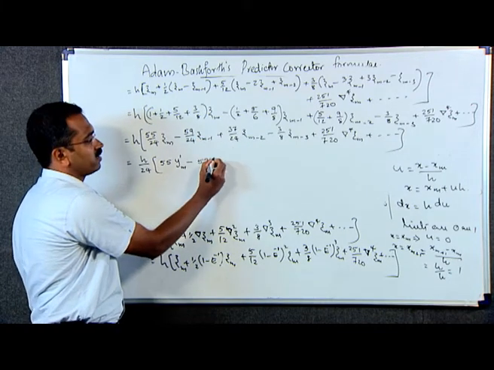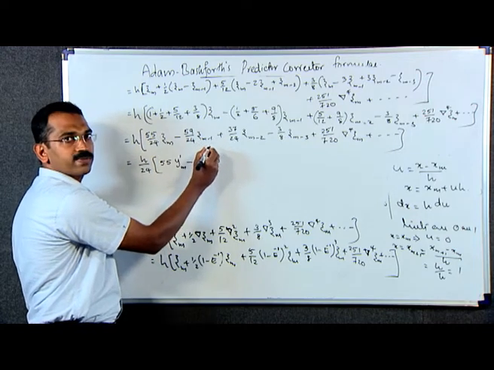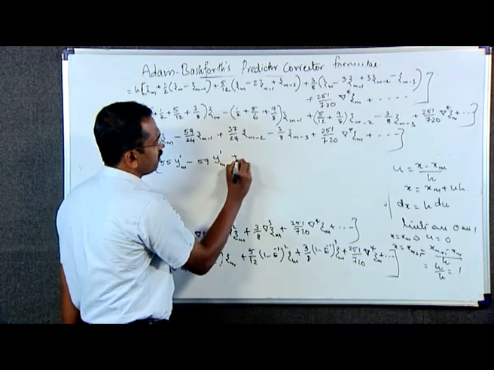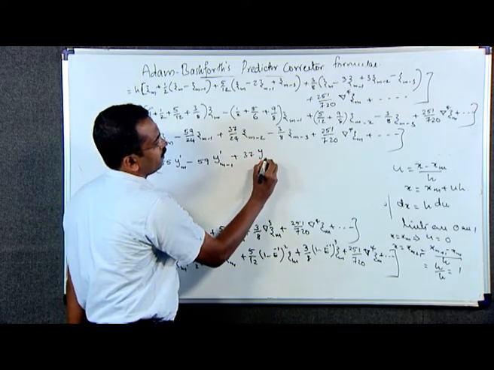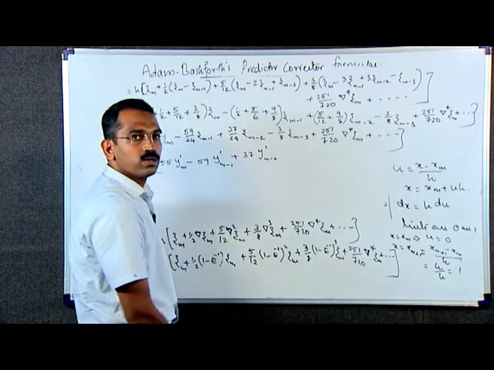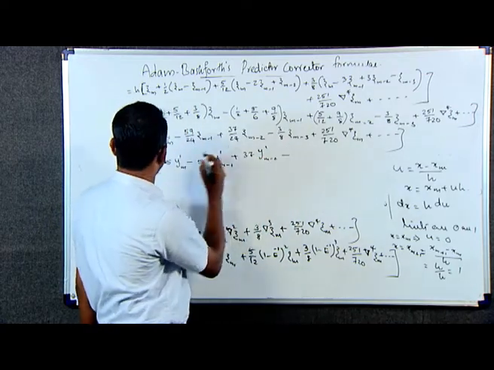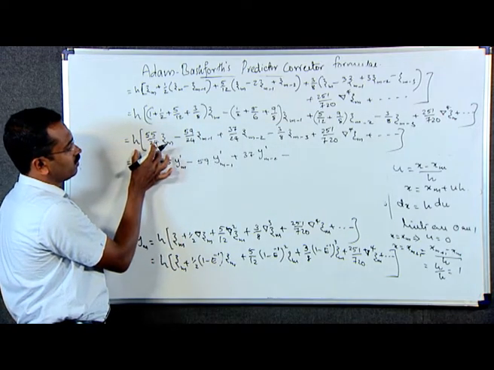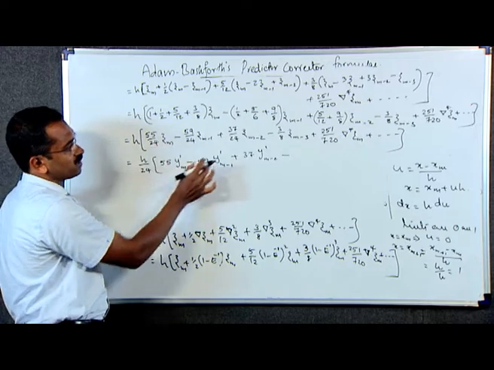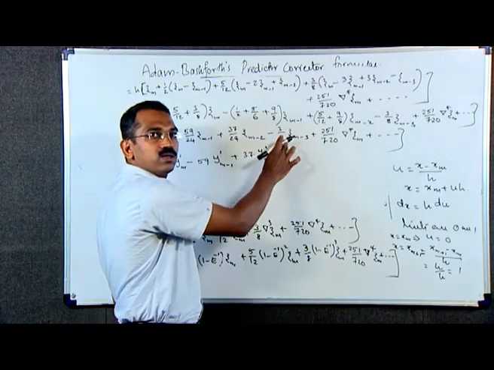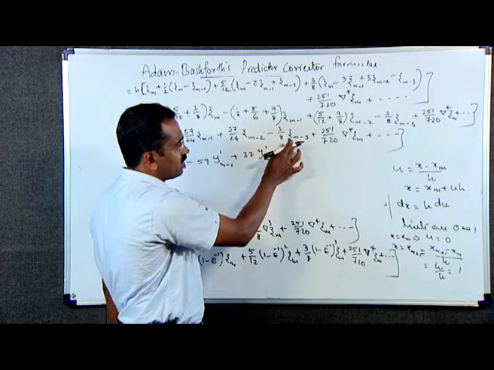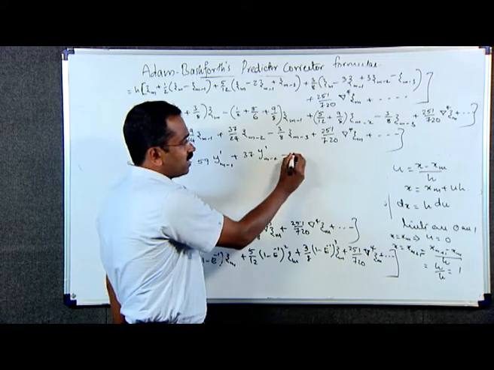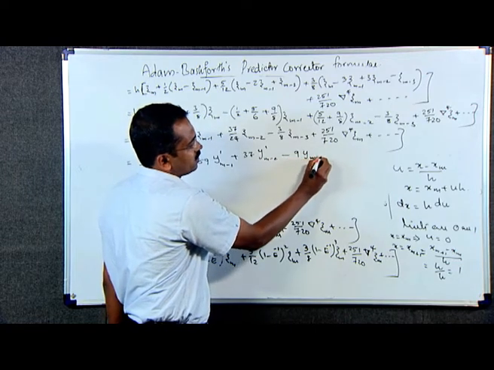Similarly, here we can write Z_{m-1} as y_{m-1} dash, plus 37, this is y_{m-2} dash, minus here 9. We have taken 1/24 as common factor. Therefore, we can write 3/8 Z_{m-3} as minus 9 y_{m-3} dash.